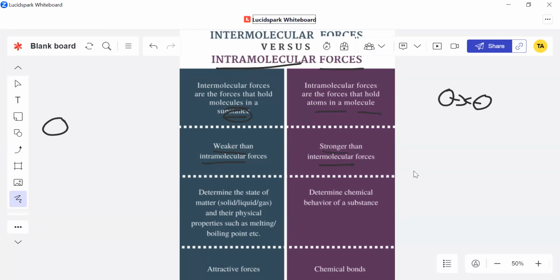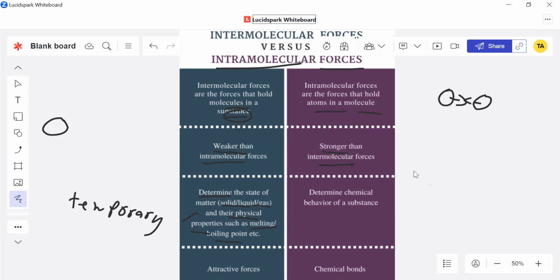Now, intermolecular forces, they determine the state of matter, solid, liquid, gases, and their physical properties such as melting point and boiling point. So the temporary forces will determine whether or not you will have a high melting point or a boiling point.